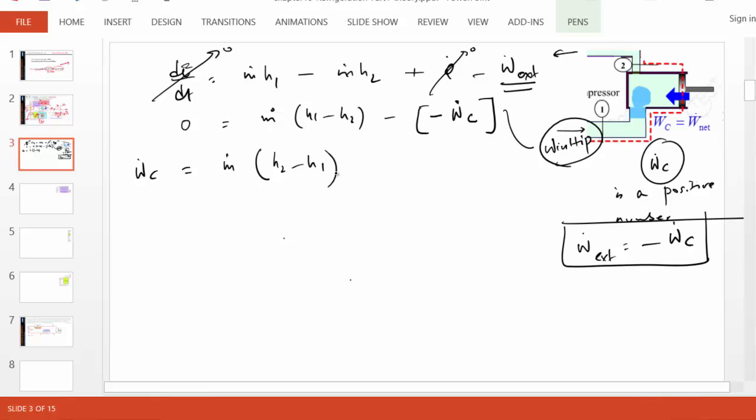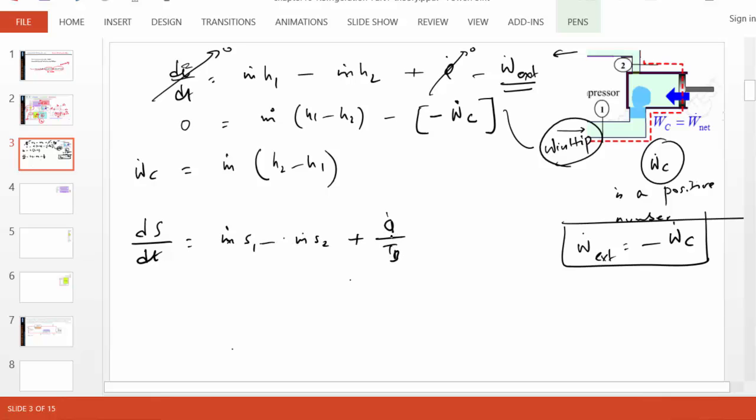The work going into the compressor equals the energy coming out minus energy going in. And if we use the entropy equation, it will be clear that entropy doesn't change in an ideal compressor. Okay, so let's show that just for the sake of completeness. m dot S1 minus m dot S2.